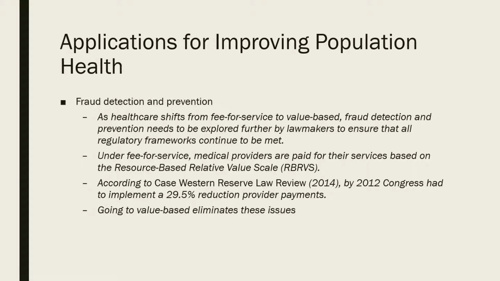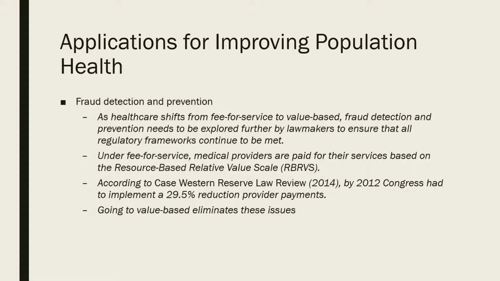Under the fee-for-service, medical providers were basically paid for the services they were offered based on the resource-based relative value scale. According to Case Western Reserve Law Review, by 2012, Congress had to implement a 29.5% reduction in provider payments due to the overuse and overreporting of a lot of these tests and exams that were being run.